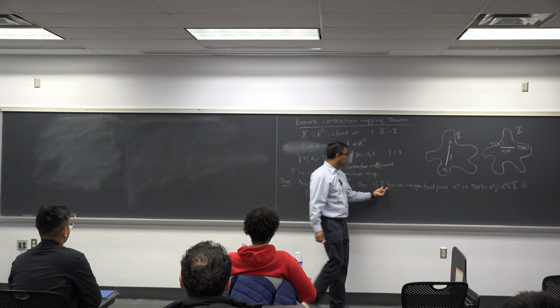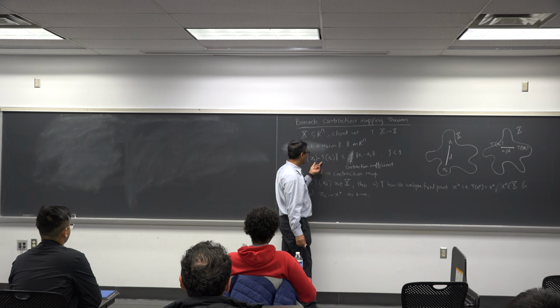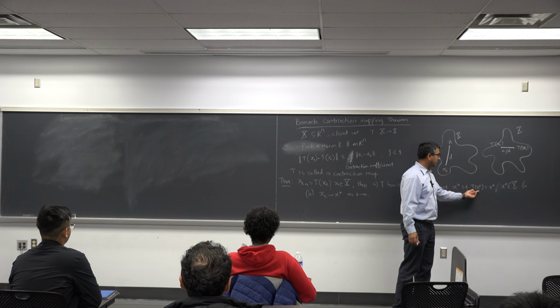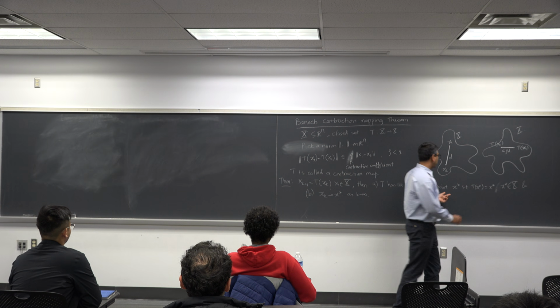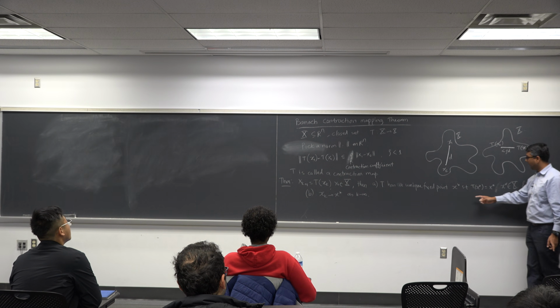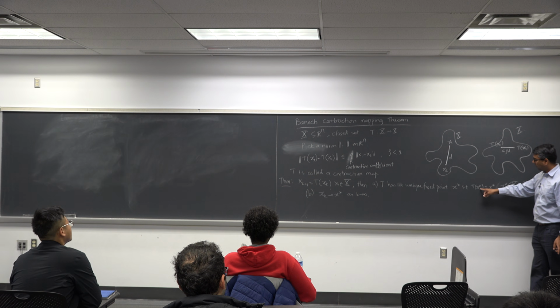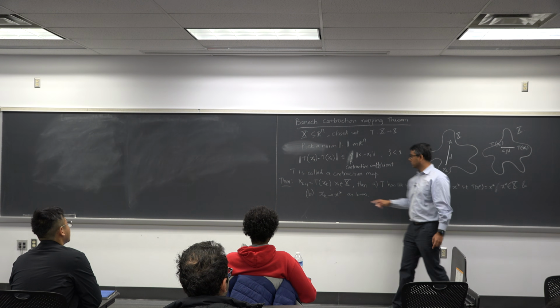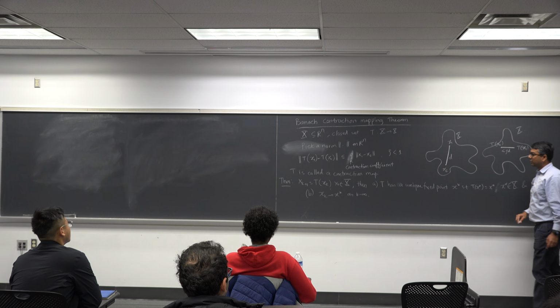It turns out that a contraction map has a unique fixed point x star such that T(x star) = x star. A fixed point of a map is a point which is not moved by the mapping itself. I apply the map T to x star, and I get the same point. And the second part is that the sequence I'm generating converges to that fixed point as k goes to infinity.